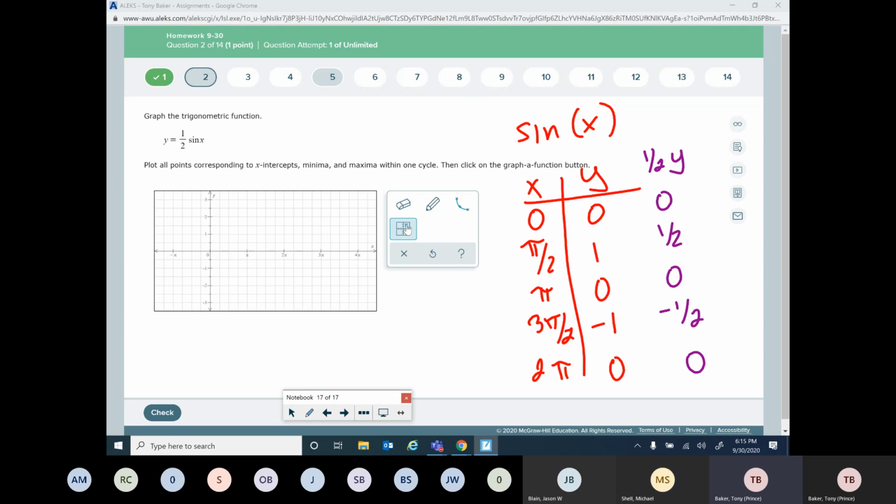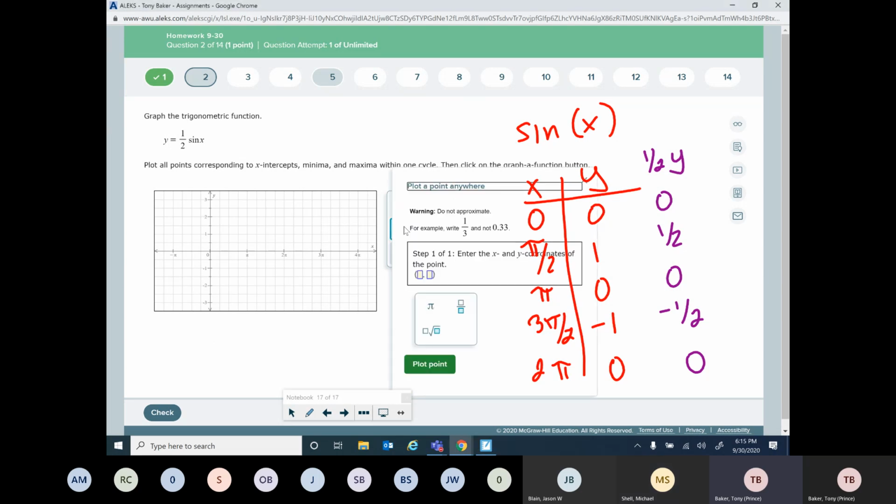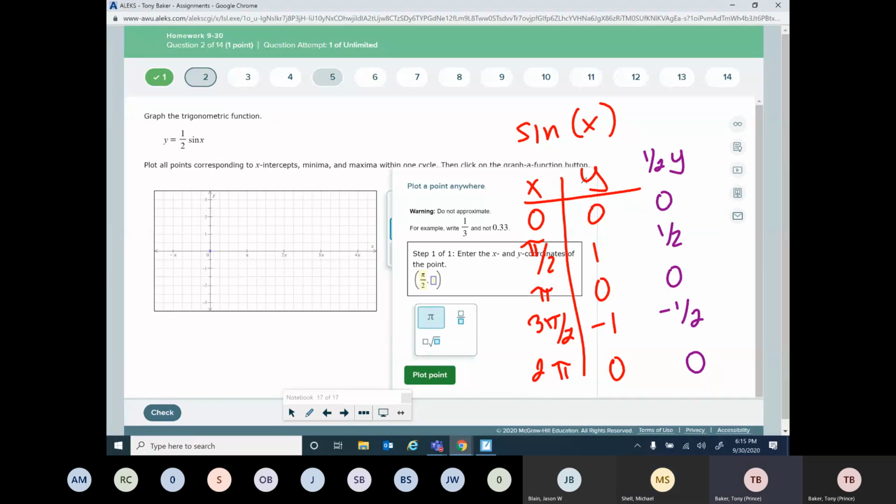Now we're going to use the plot tool to do this because it's not going to plot exactly as you'd want it. So we've got 0, 0. We've got pi over 2, 1/2.